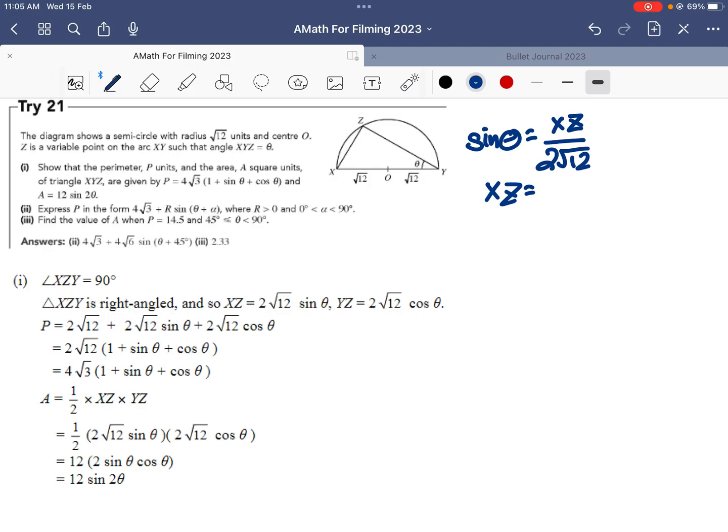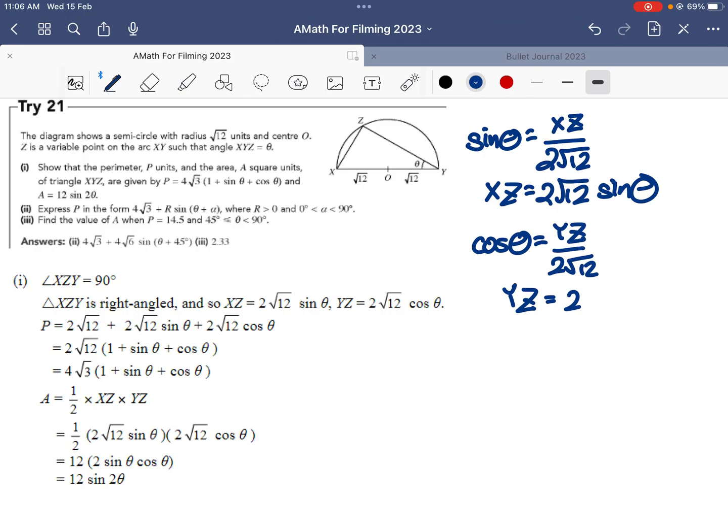So my exact value is 2 root 12 sine of theta, which is what I got down here. Similarly, okay, for yz, what I'm considering is adjacent over hypotenuse. So I will say this cosine of theta is equals to yz over 2 root 12. If I simplify, yz is 2 root 12 cosine theta.